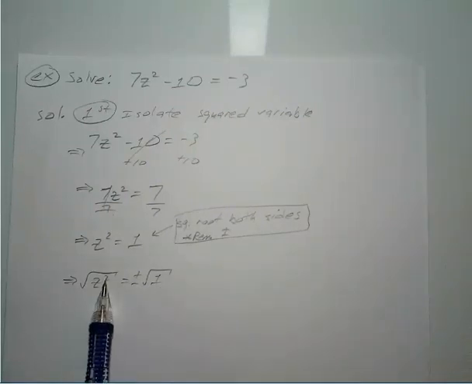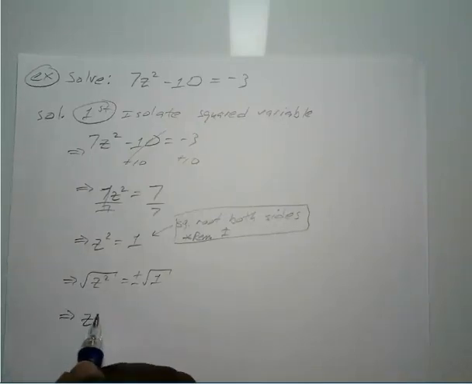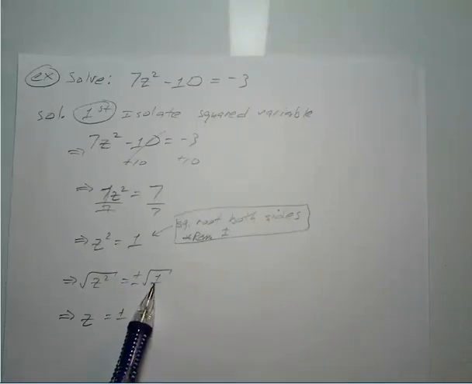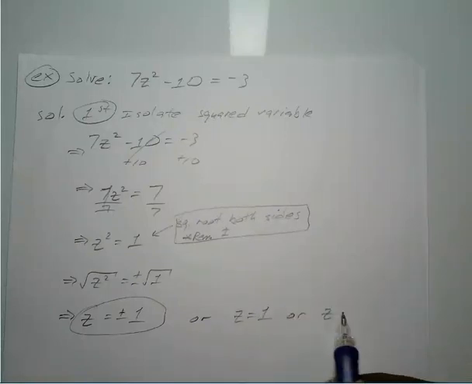Again, our exponent and our index will cancel each other out. So you have z equals plus or minus, and remember the square root of 1 is just 1. So you have z equals plus or minus 1, or you can write it as z equals 1 or z equals negative 1.